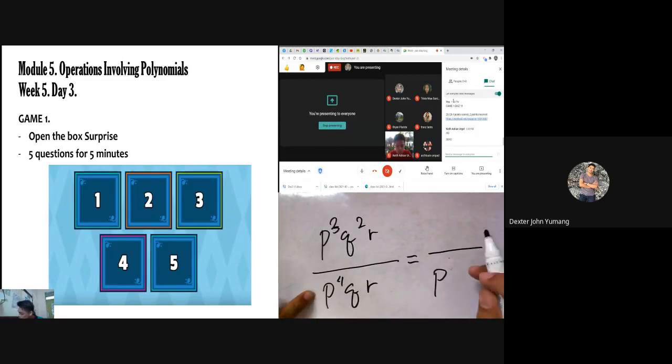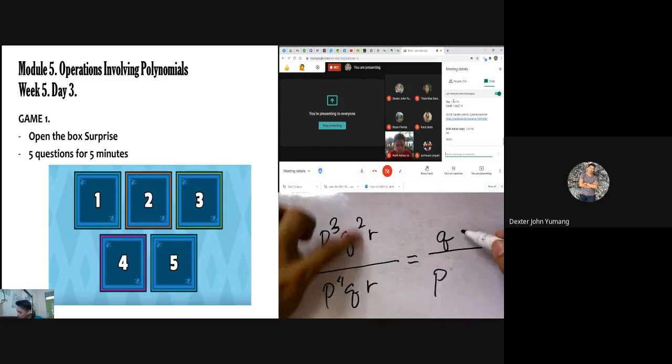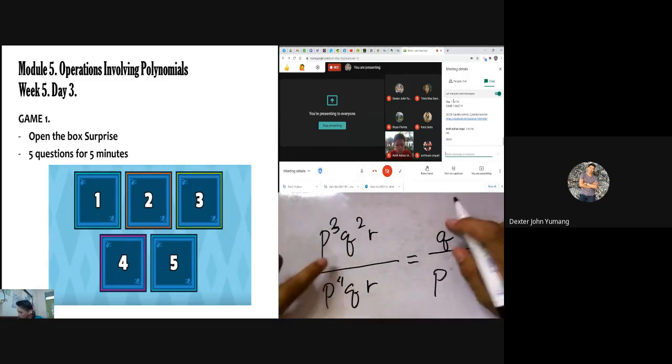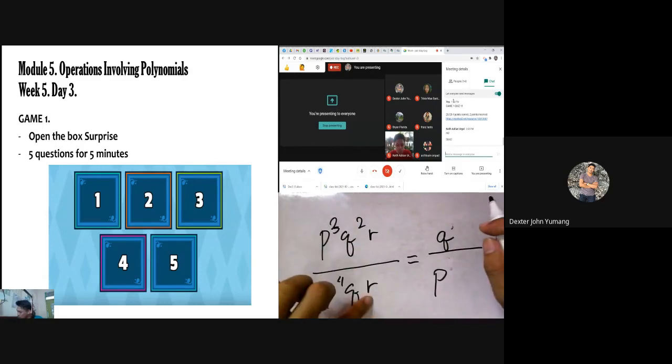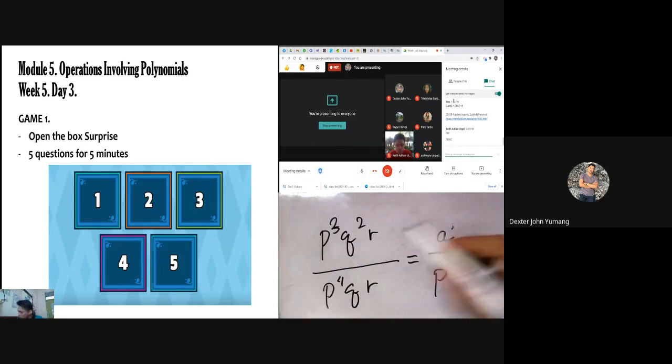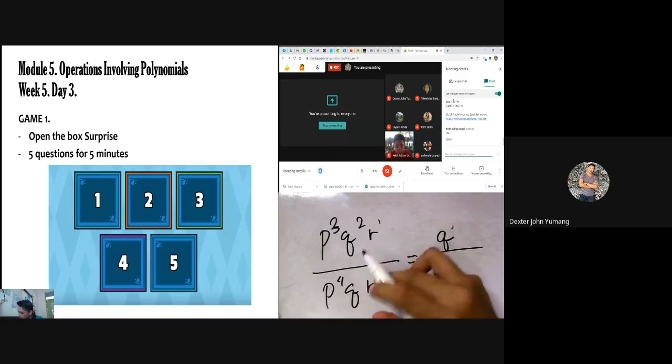Sa baba siya. Next, q squared, q. Sino mas malaki? Si squared or si invisible 1? Squared. So that is q sa taas. Kung sino yung mas malaki, dun ilagay ang sagot. And 2 minus 1, that is 1, invisible 1. Next, r divided by r. Tingnan nyo dito, 1 minus 1 magiging 0. Kapag naging 0 na siya, pq na lang, kasi r raised to 0 is equivalent to 1. So wala na siya, parang invisible man ang 1, di ba? So yan na yun.